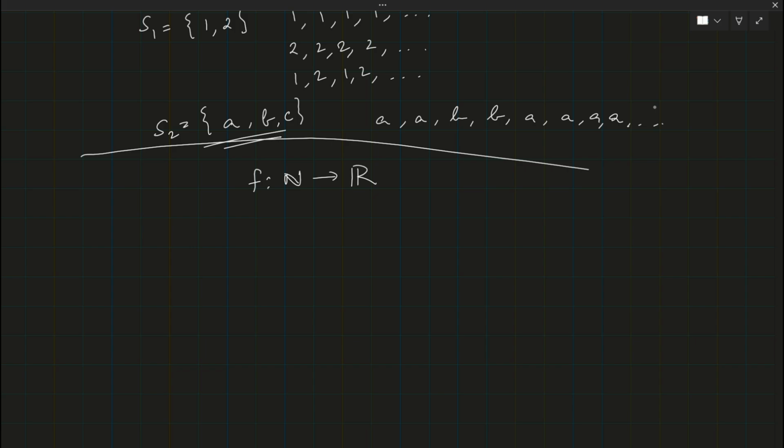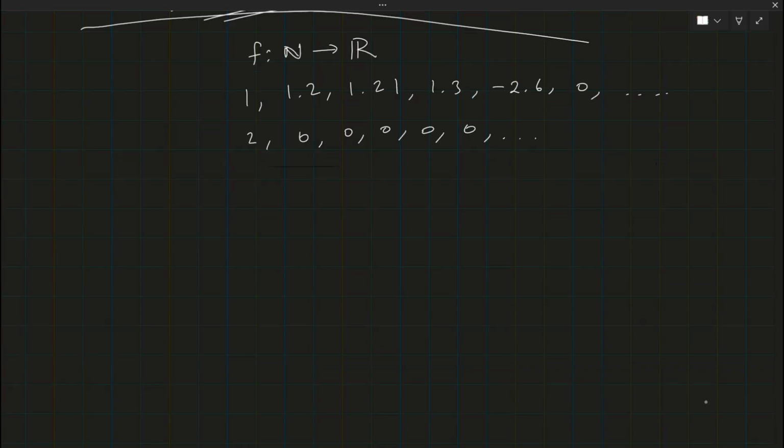A possible sequence would be 1, 1.2, 1.21, 1.3, minus 2.6, 0, and so on. We could have any other sequence like 2, 0, 0, 0, 0, 0, and so on. There are so many possibilities here.